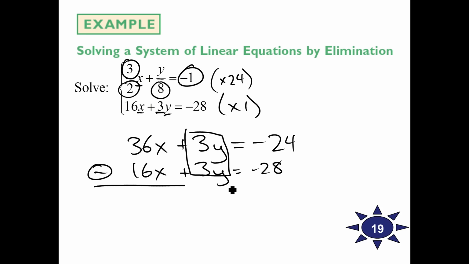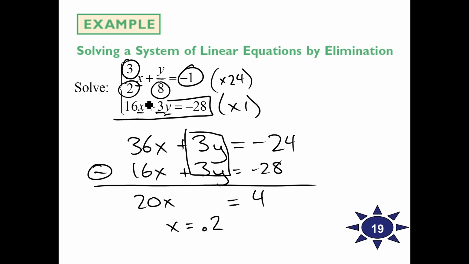If we subtract straight down, we'll have 20x equals, if you minus a negative, you're adding. So x equals 0.2, 4 over 20, 1/5. Let's go ahead and plug back in. I like this equation. Don't want to deal with the fractions there. 16 times 0.2 plus 3y equals negative 28.